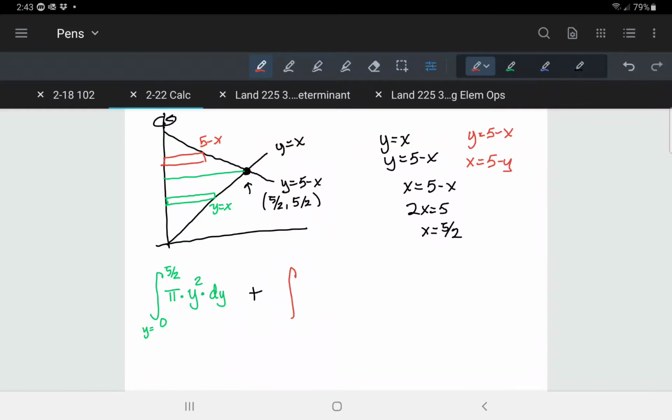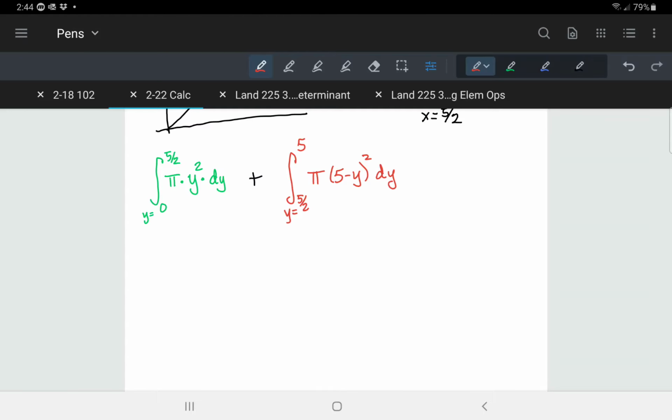So we could write the integral now as y goes from 5 halves up to 5, because remember, this is the line 5 minus x, so its y-intercept is (0, 5). So as y goes from 5 halves up to 5, pi times the radius squared, written in terms of y, the radius is 5 minus y, squared, and we'll integrate that with respect to y.